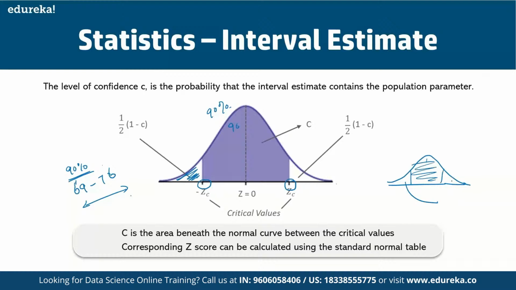That means these ranges put together should be 10%, right? So if both put together are 10%, then this area is going to be 5% and this is going to be my 5%. We're going to use these to give a proper range. By default, we actually use a 95% confidence interval. But if we are very particular, we can always change this confidence level.